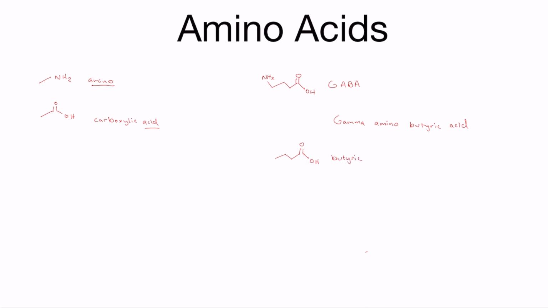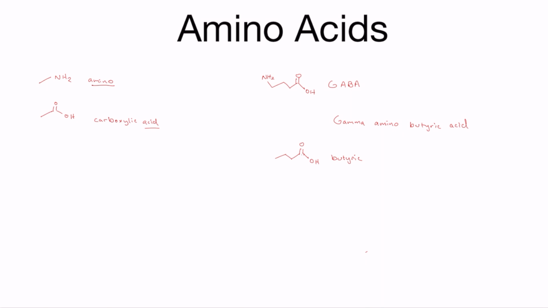And when you have a carboxylic acid and you're labeling the carbon atoms, this first carbon right there is considered the carbonyl carbon, and then moving away from it, you label the carbons with the letters of the Greek alphabet.